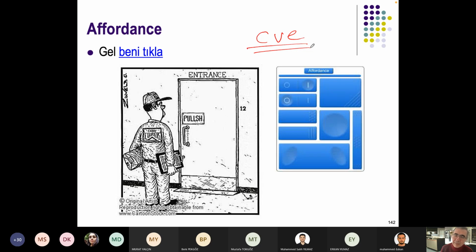And the famous HTML underlined blue link is one of that. When you see an underlined blue link, it means there is a link behind it. It can be clicked. You don't have to go over it in order to understand that it's a clickable link. It is already saying, please click me.